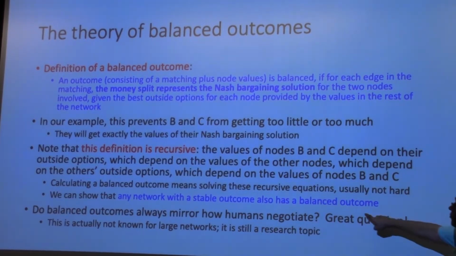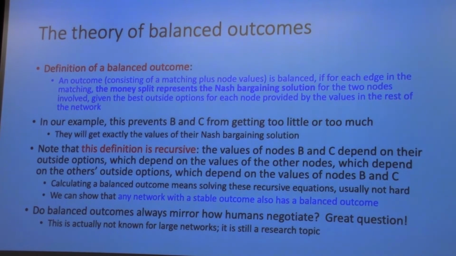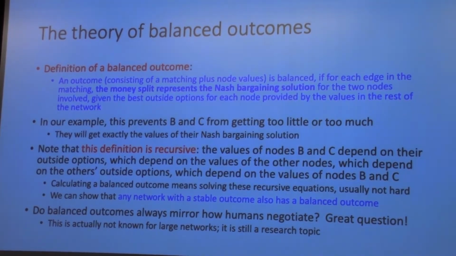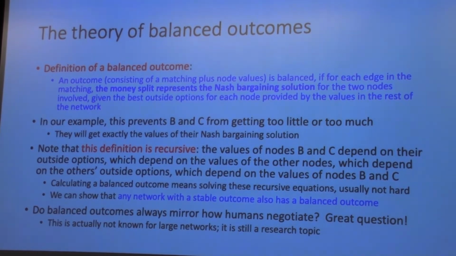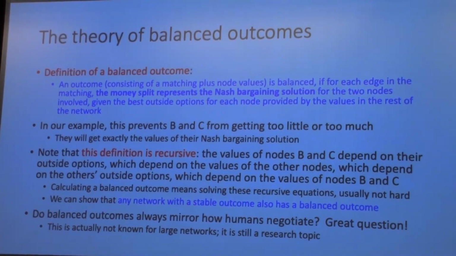Notice I said any network with a stable outcome also has a balanced outcome. So I have a question for you. Does every network have a stable outcome? What do you think? Actually, I gave the answer, okay? If you pay attention, think.